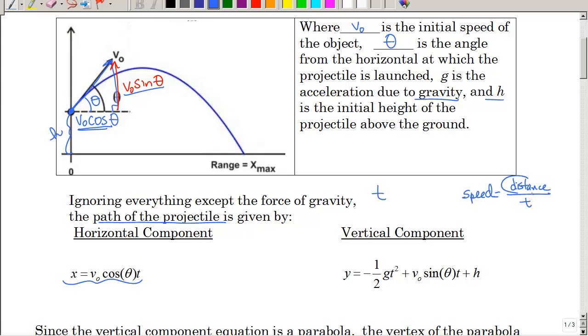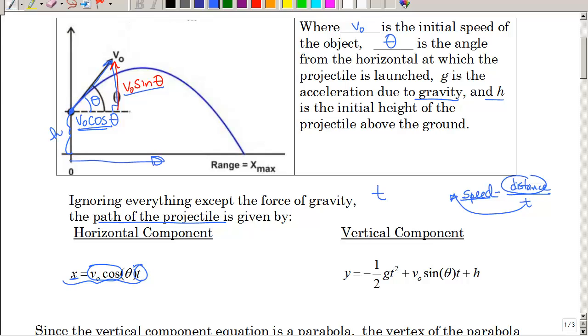So if you solve for distance by putting that t on the other side, you would get speed times time equals distance. So x is going to be your distance in the x direction. This is your velocity or speed in the x direction, and then we have t as time.